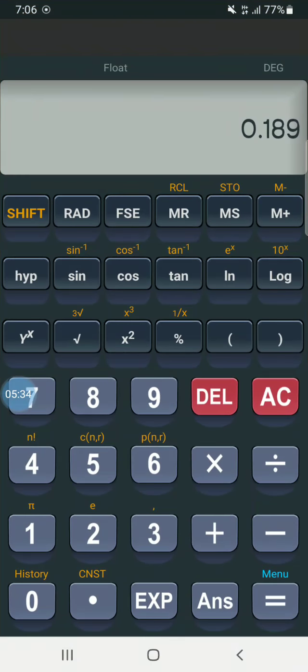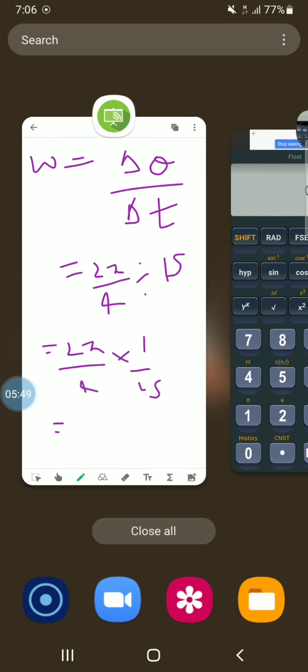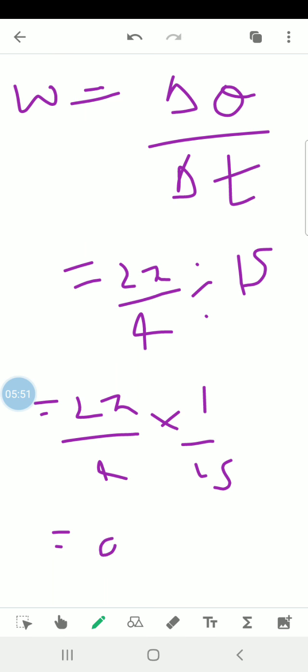If you didn't, let's do it here. 2 pi over 60 equals 0.105. 0.105 is the answer. What are the units? Rads per second. So those units you have to be very careful about. Then part B.